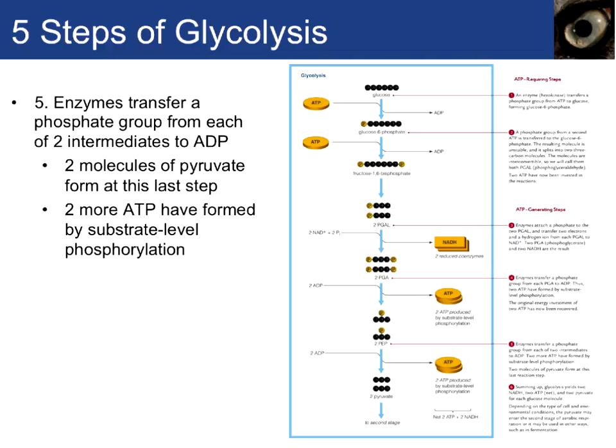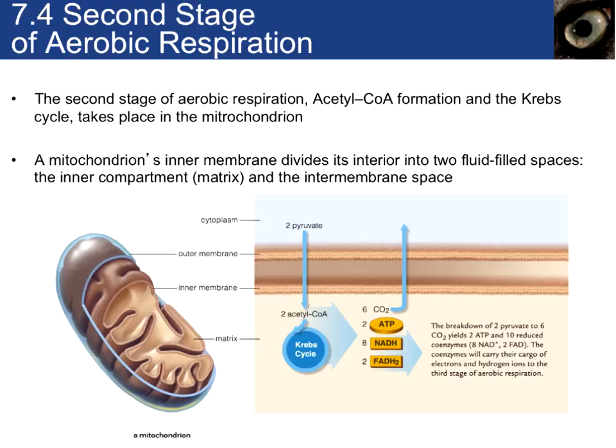So depending on the type of cell and environmental conditions, like I said, whether or not oxygen is present, the pyruvate either enters a second stage of aerobic respiration or it's used in other ways such as in fermentation. So we're going to skip to aerobic respiration inside the mitochondria, and then we're going to come back to how fermentation works later on.